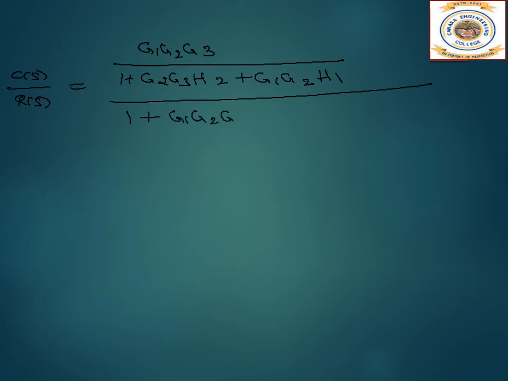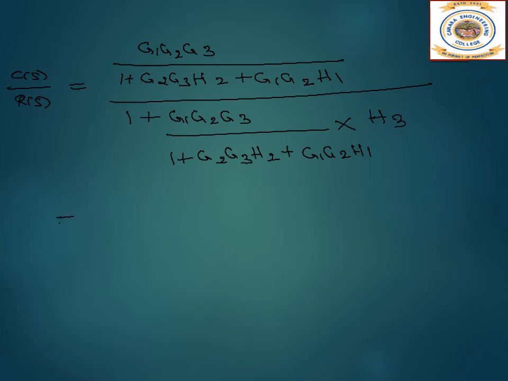So G2 G3 divided by 1 plus G2 G3 H2 plus G1 G2 H1 into H of S. H of S is H3.